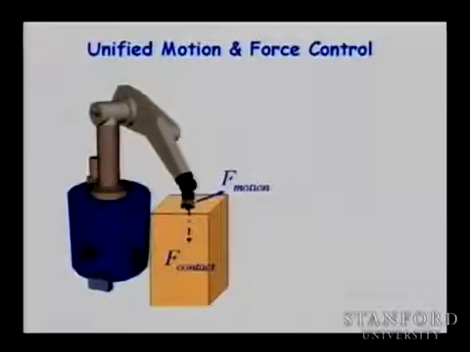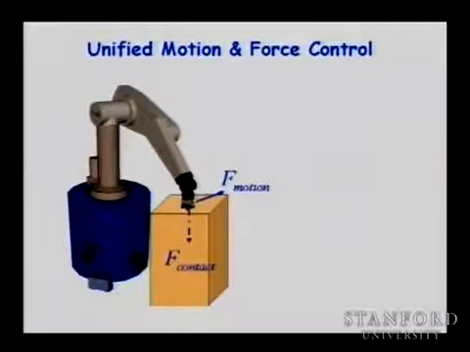The other interesting thing about this controller, and this is really the fundamental property of those controllers, is the fact that now you have a way to deal with contact. Because when we are going to move this object, so I grasp the object, and suppose the task is to move this object over the table while it's in contact.